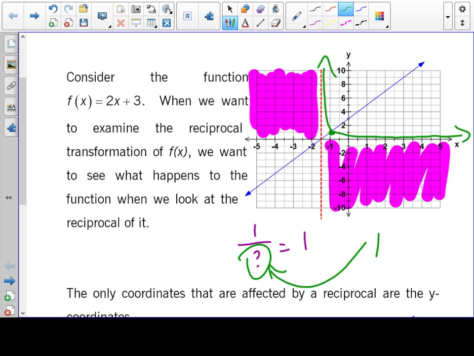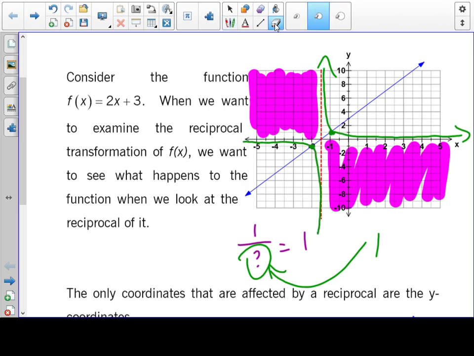So that's what we're going to get. Likewise, it's going to be at -1. Really, really small negative is going to turn into a really, really big negative. Really, really big negative is going to turn into a really small negative. So we're going to get something that looks like this.